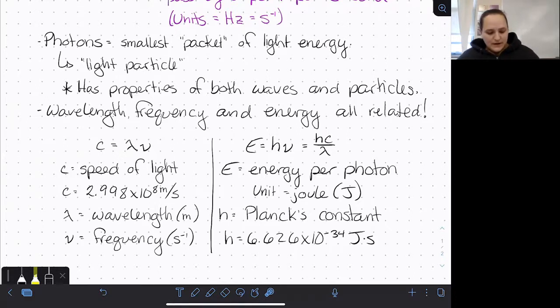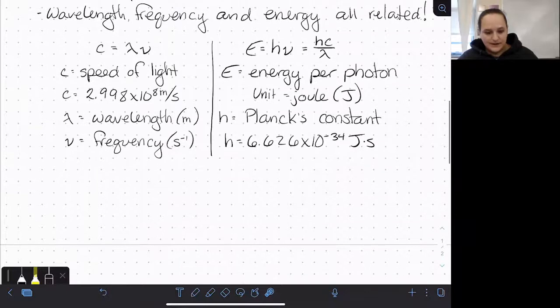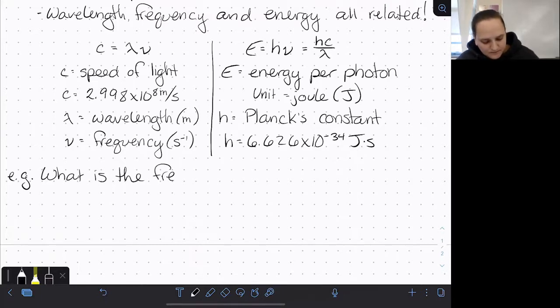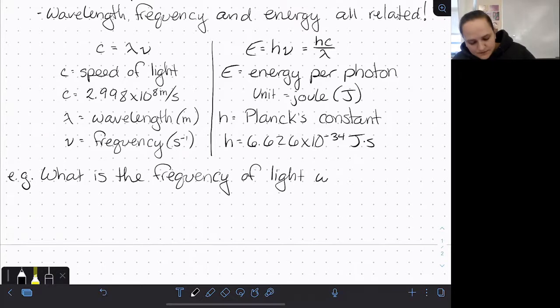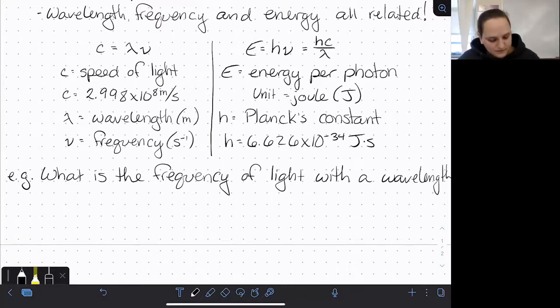So let's take a look at a quick example. Let's calculate what is the frequency of light with a wavelength of 550 nanometers.